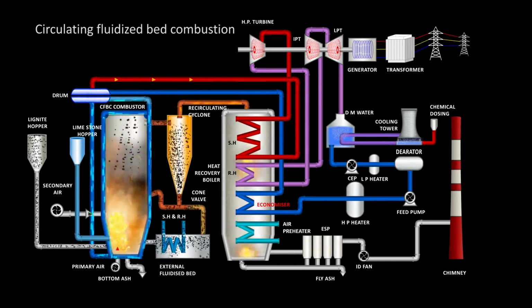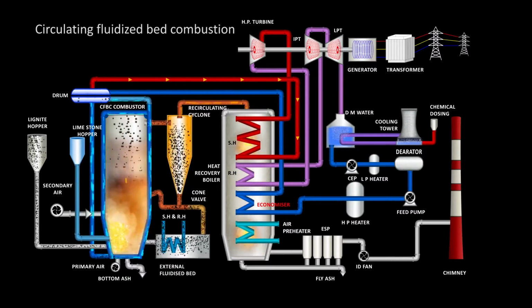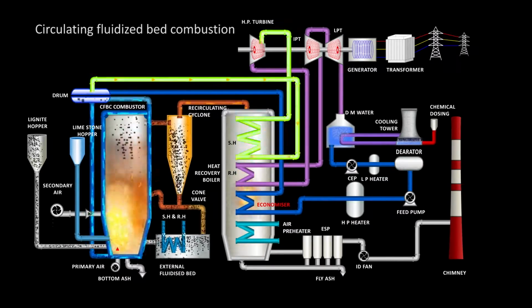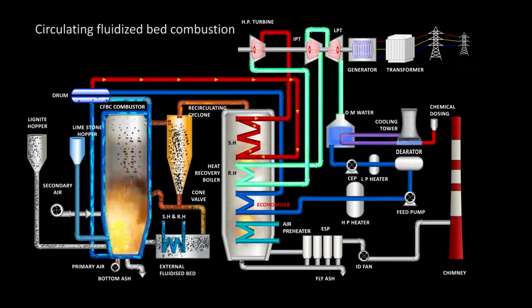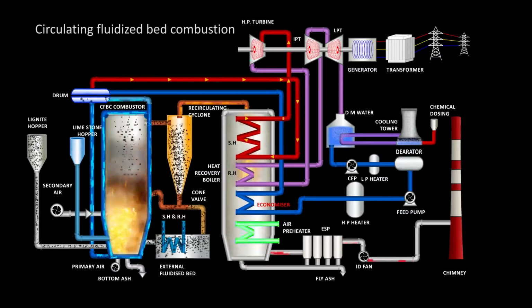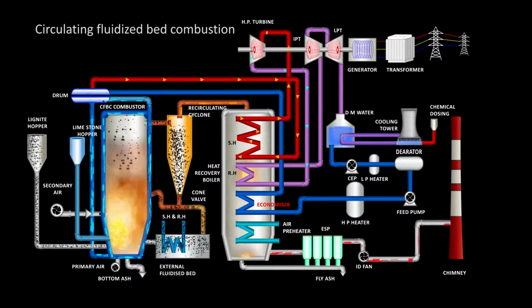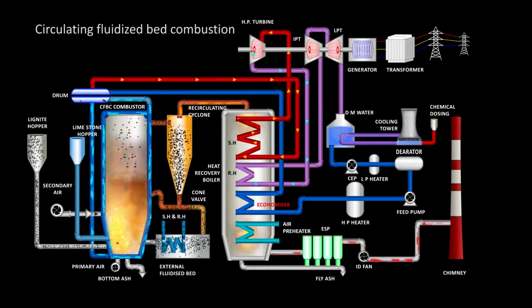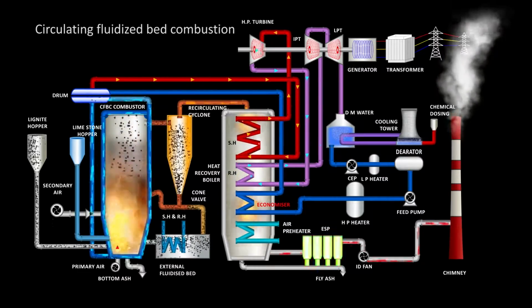The hot flue gas goes out of the combustor, passes through the second pass, where it transfers heat to superheater, reheater and economizer. Then it passes through air preheater, electrostatic precipitator and goes into the atmosphere through chimney.